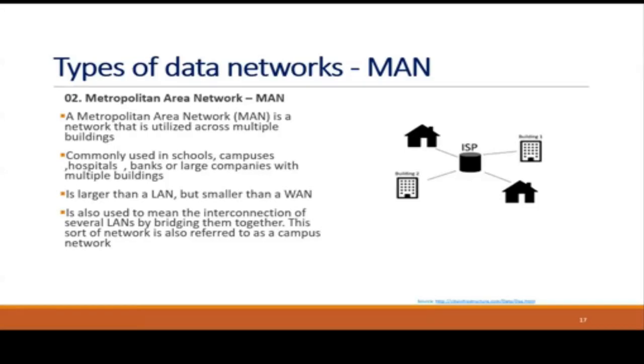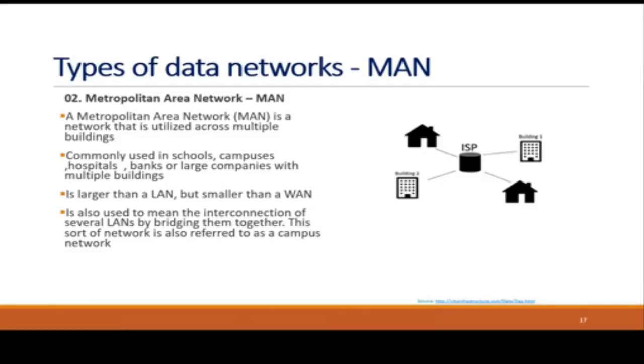Those three connected together create a MAN. So the interconnection of LANs in one particular area is a MAN. It's used in campuses.